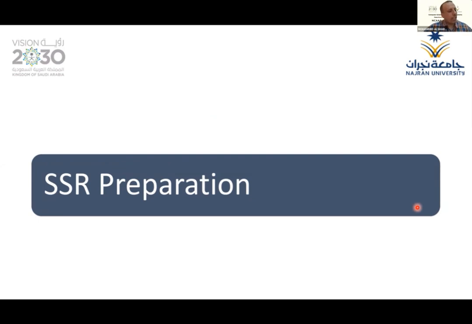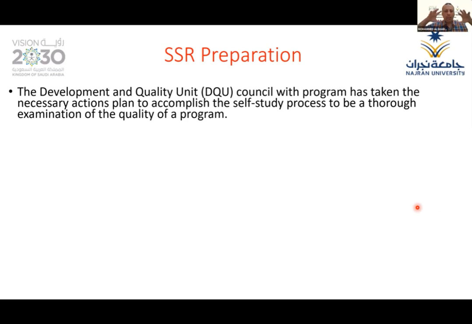Jazakumullah khair. Something is not written in the topic, but could be there: self-study report preparation. How do we prepare it? We have committees. We define committees: standard 1 committee, standard 2 committee, standard 3 committee, and so on.